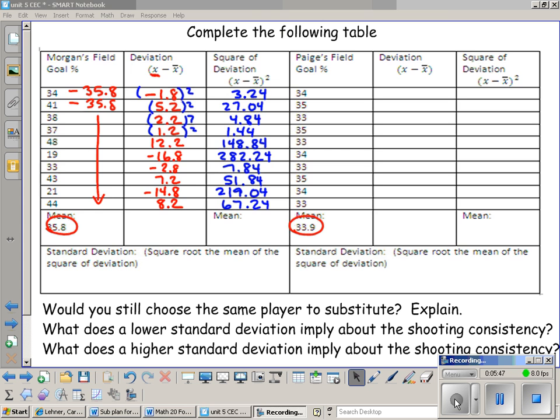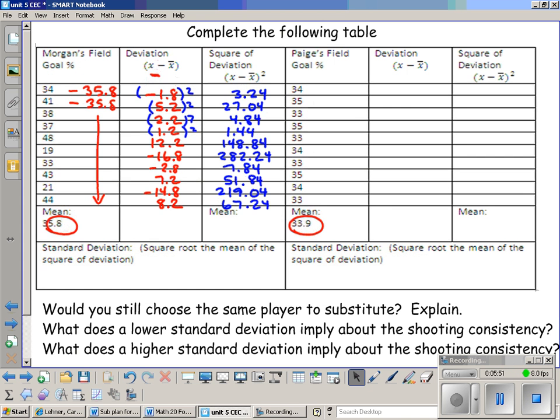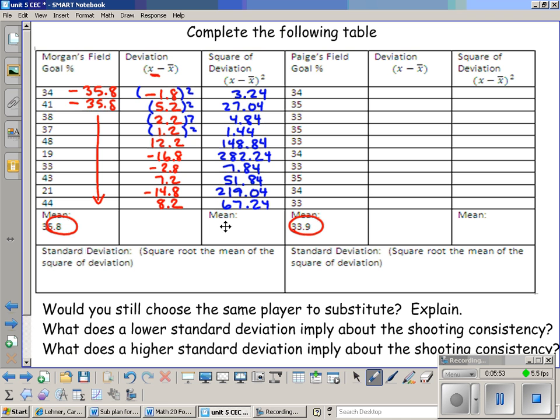And we get 81.36 is her mean. So this is the first step in finding standard deviation.